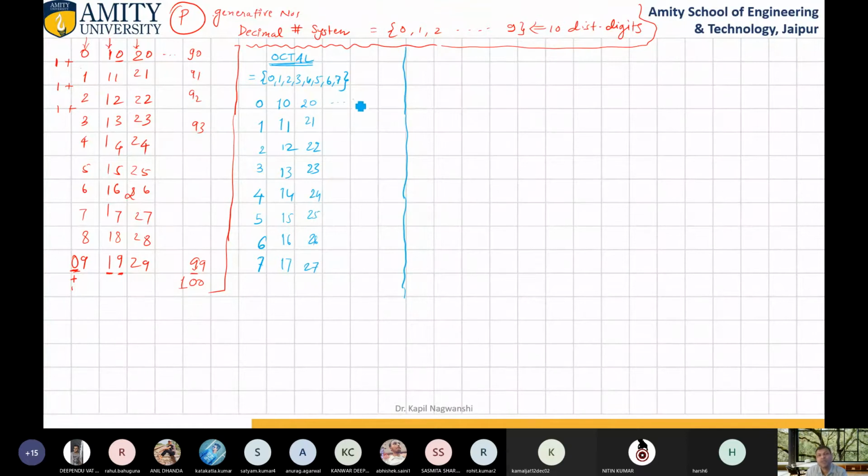And likewise, after that, 70 will come. Then 71, 72, 73, 74, 75, 76 and 77. Fine. So after this 77, 100 will come. Now you are open to ask any question.